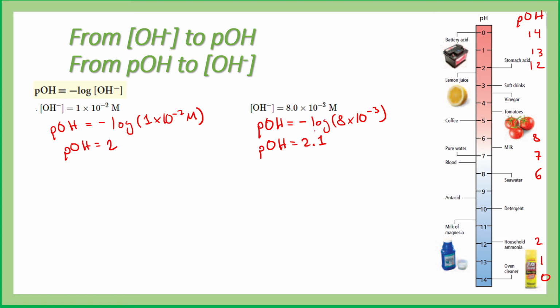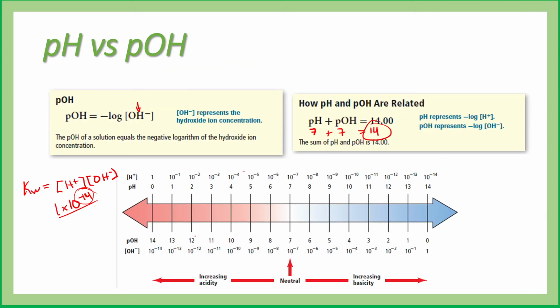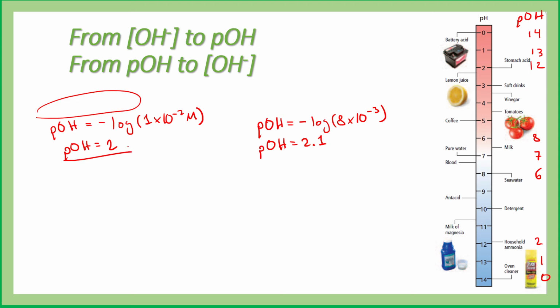Let me see if I'm correct. Yeah, it is correct. So let's see if this makes sense with the previous table. 1 times 10 to the minus 2 has a pOH of 2. Yes, it is a pOH of positive 2.